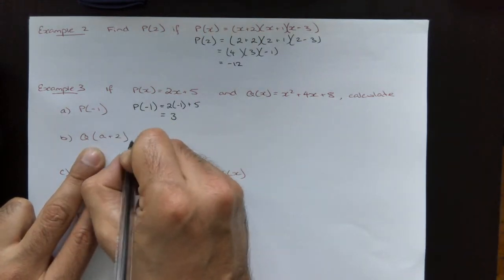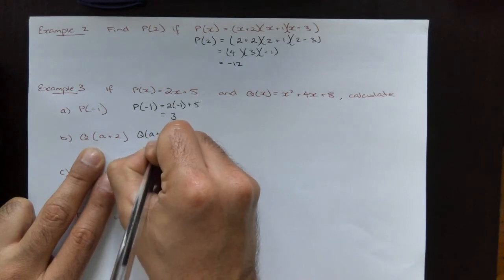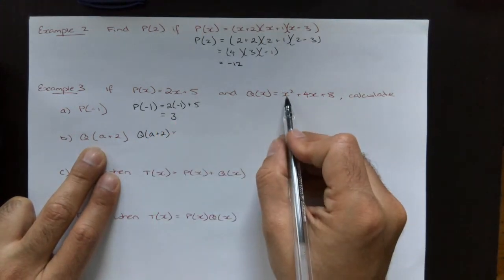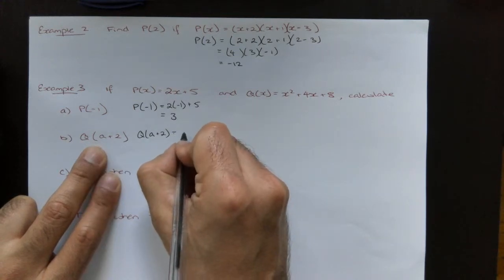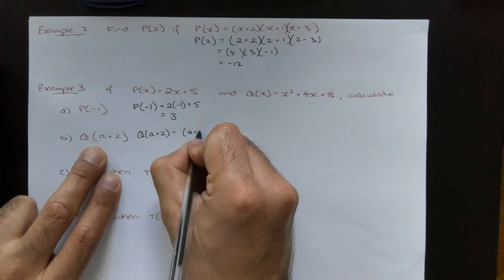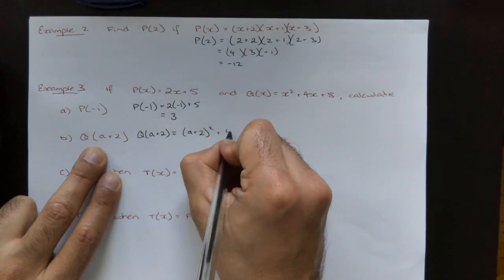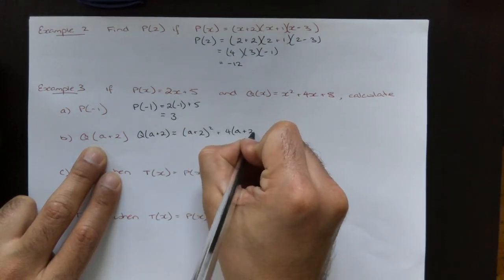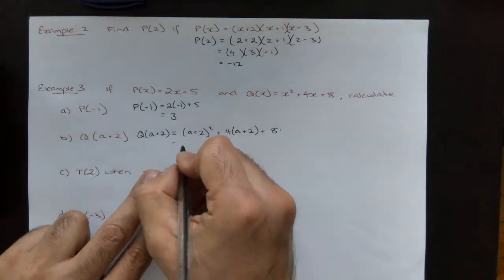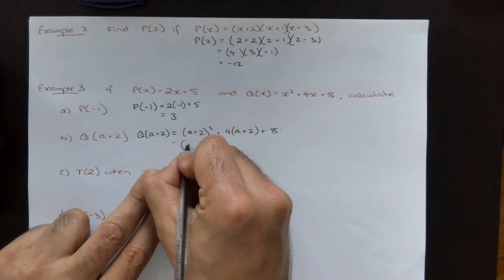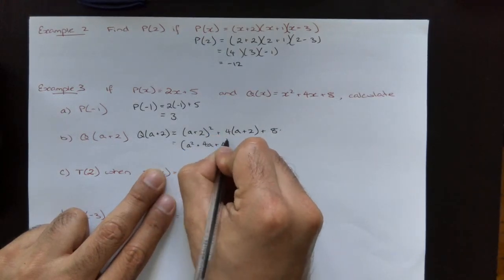We've obviously got q of a plus 2. So we're going to plug in, every time we see x, we're going to actually put in a plus 2. So we've got a plus 2 all squared plus 4 lots of a plus 2 plus 8. Right, well we can expand this. This is going to be a squared plus 4a plus 4.